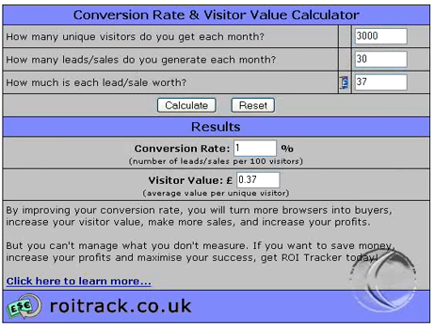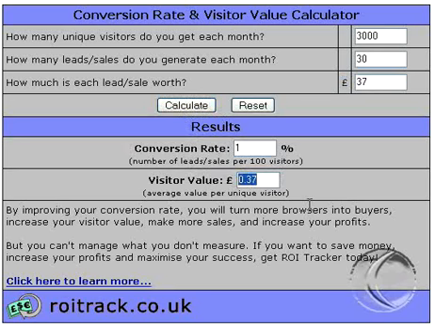Now this is a pound sign because this is a UK site, but it's just numbers being calculated, so it doesn't really matter if it's pounds or dollars here. Then you click calculate, and it calculates your conversion rate. So 1%, that means per 100 visitors I get one sale.